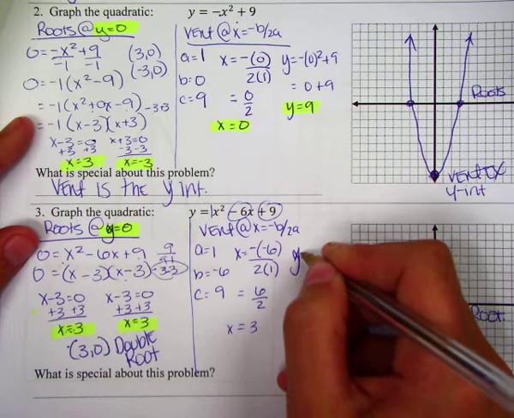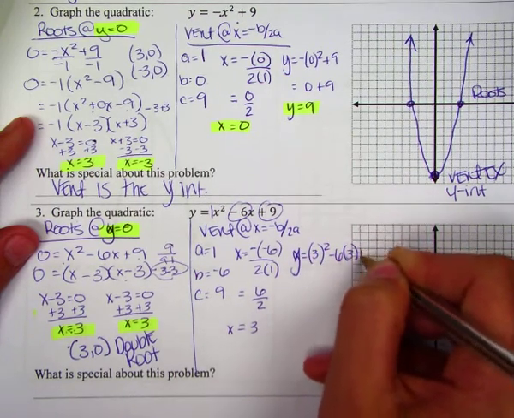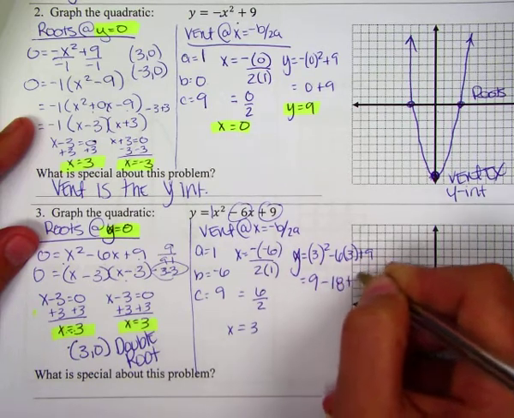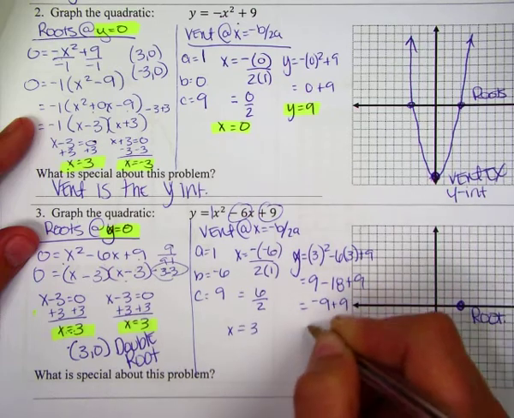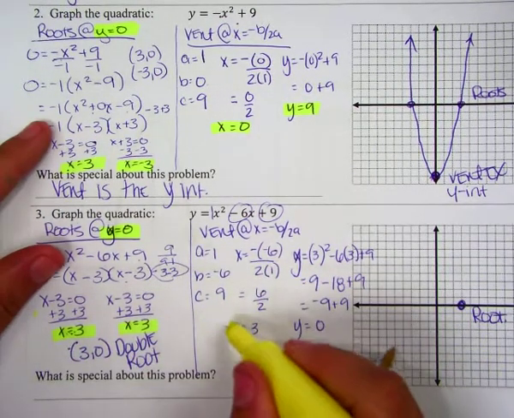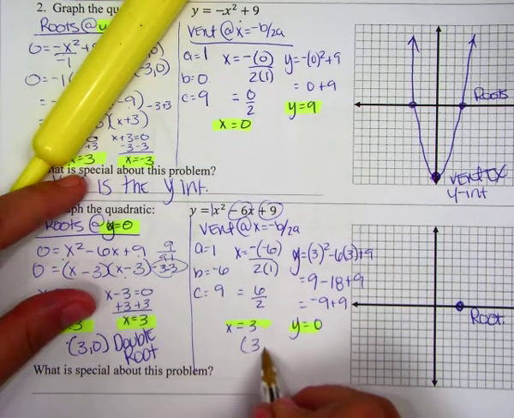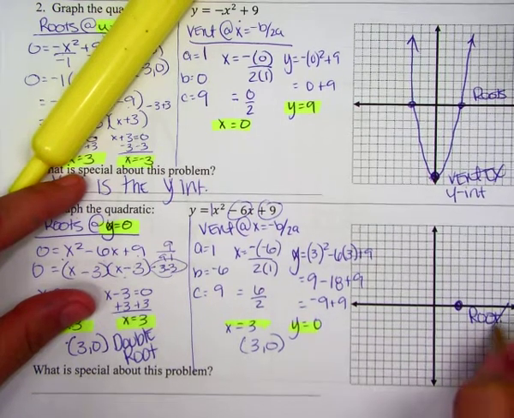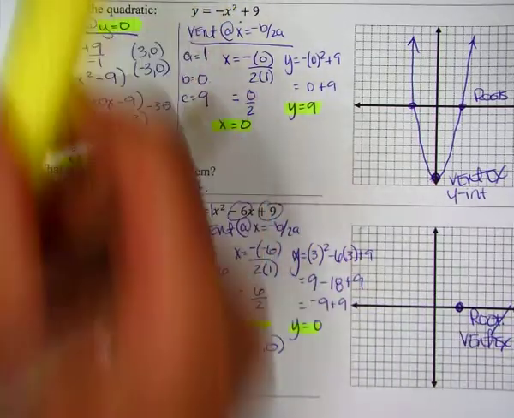I'm going to substitute it back in. 3 squared is 9 minus 18 plus 9. 9 minus 18 is negative 9. Negative 9 plus 9 is 0. So the coordinate of my vertex is (3, 0). Which means that my root is also the vertex.